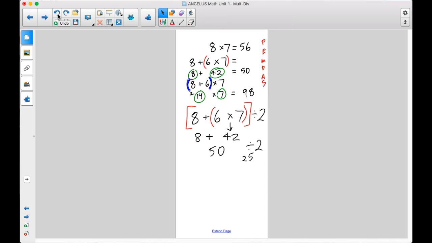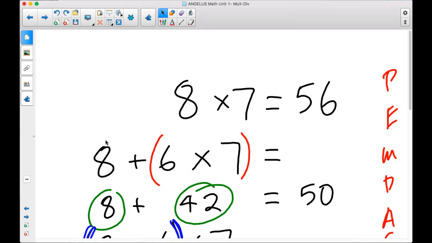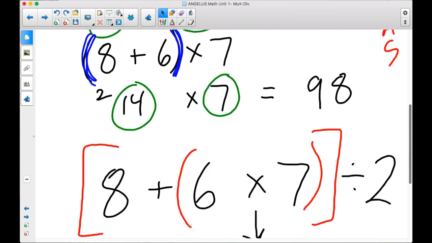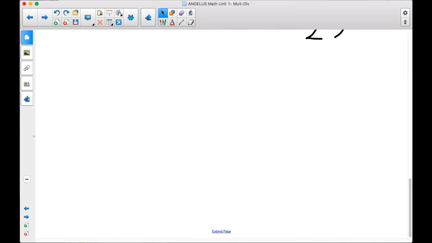Let's work up. Now I'm going to add something more. Well, what am I going to add? We did parens. We did parens and brackets. Now I'm going to give you the following what? Okay.